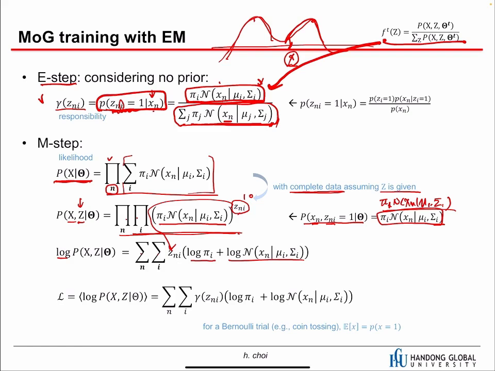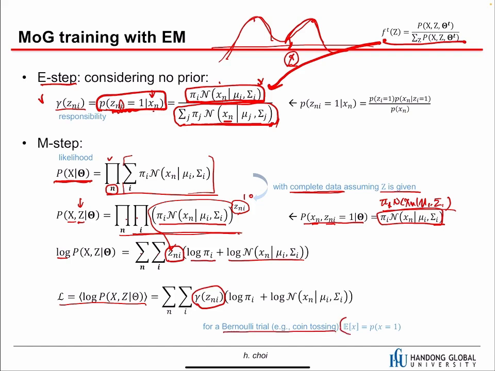Okay, so next we take expectations and look at this one. The expectation of z sub ni is the responsibility here. Think about this Bernoulli trial.